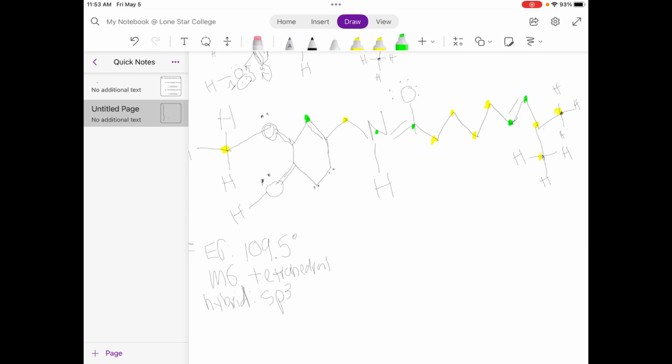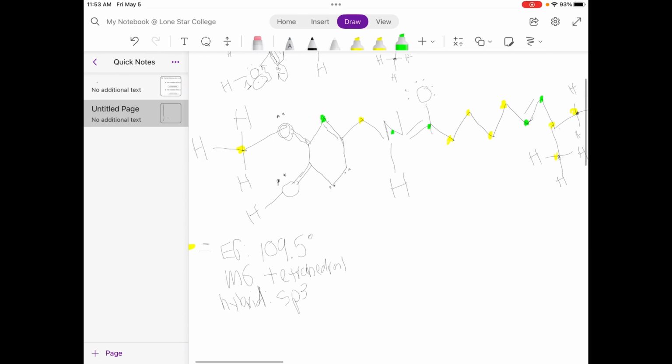I haven't gone to the lone pairs. I just ignored that for now. Sorry, this is also a trigonal planar because of the pi bond.